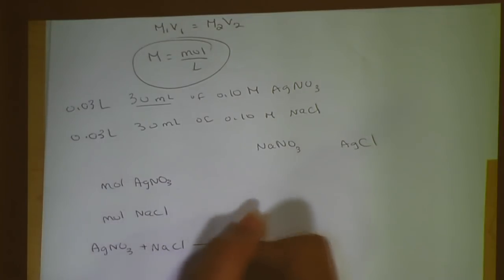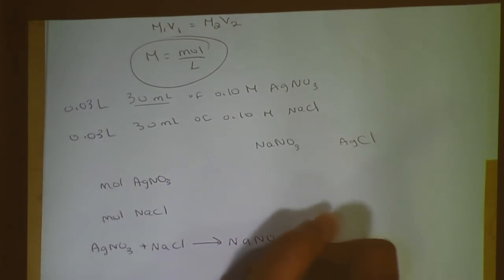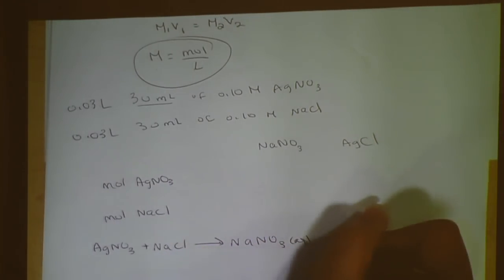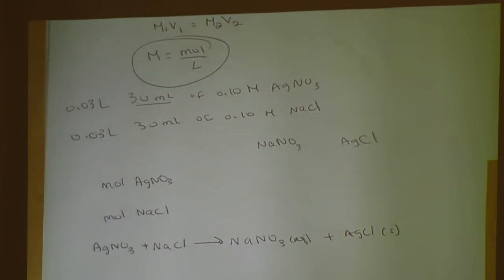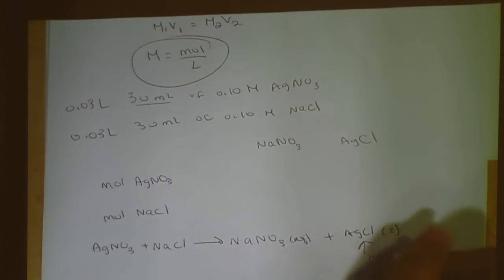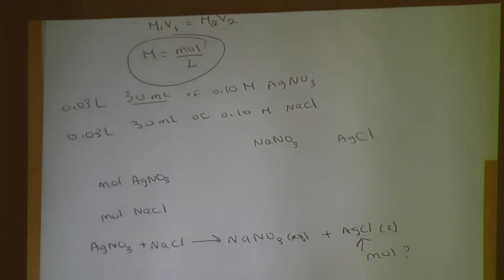AgNO3 plus NaCl gives you NaNO3 plus AgCl, because this is literally what it said in the equation. This plus this are added, they give you this and this. And it wants moles of this. So the moles of AgNO3 is equal to the molarity times the liters, based on this equation.